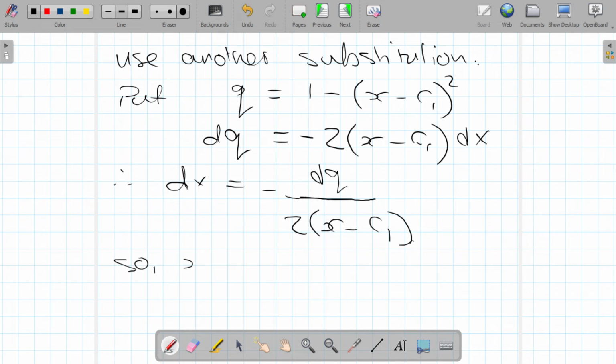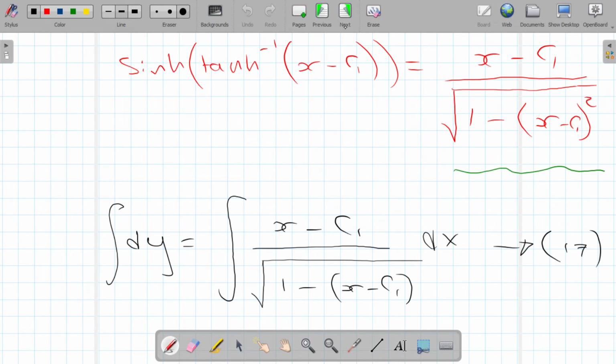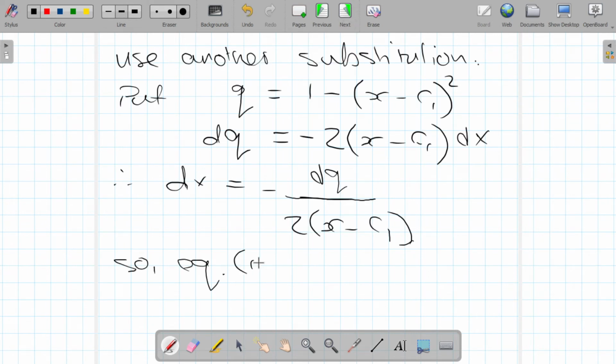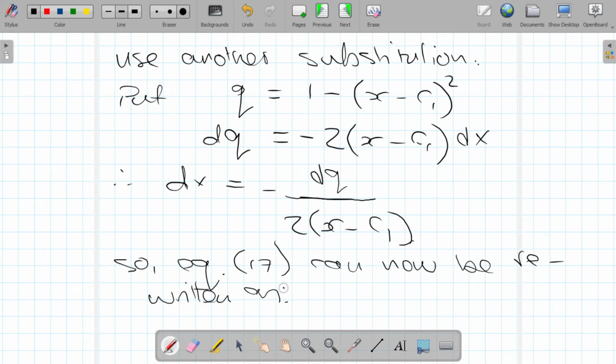So, equation 17 can now be rewritten as, let me go into the next page.